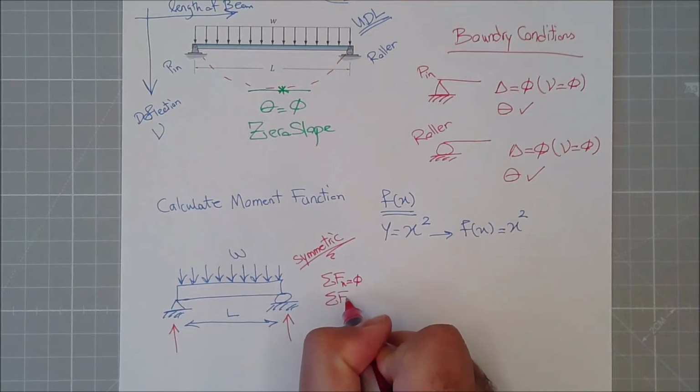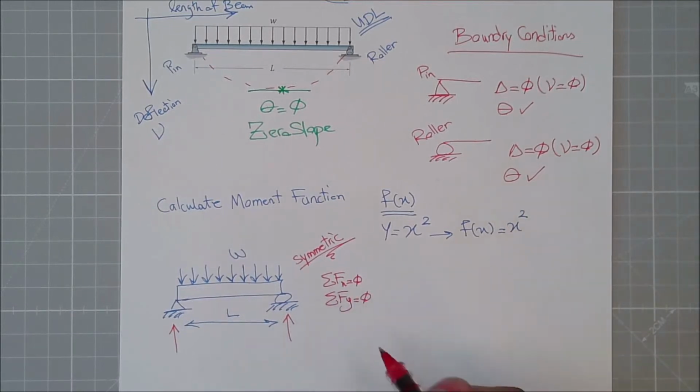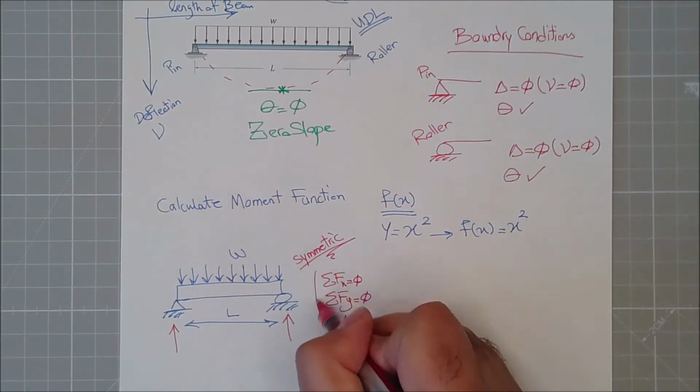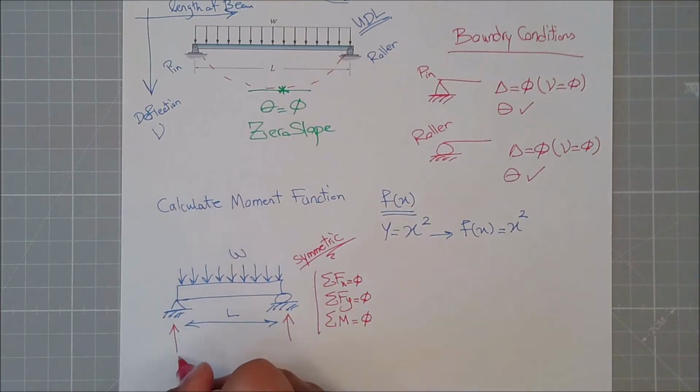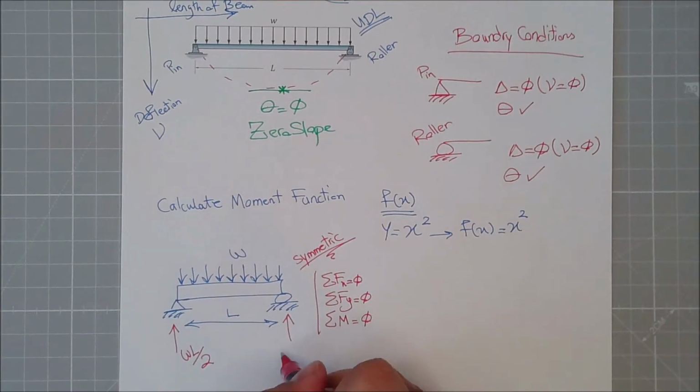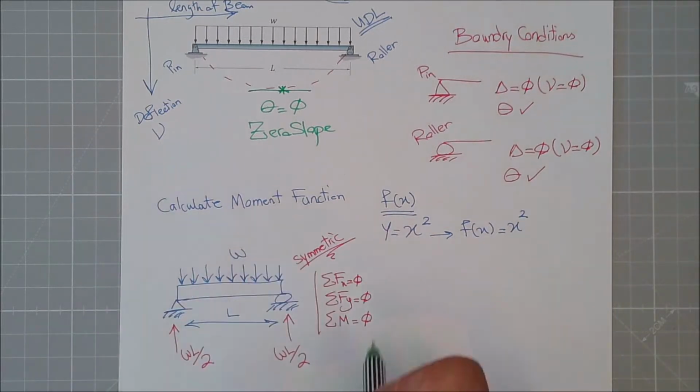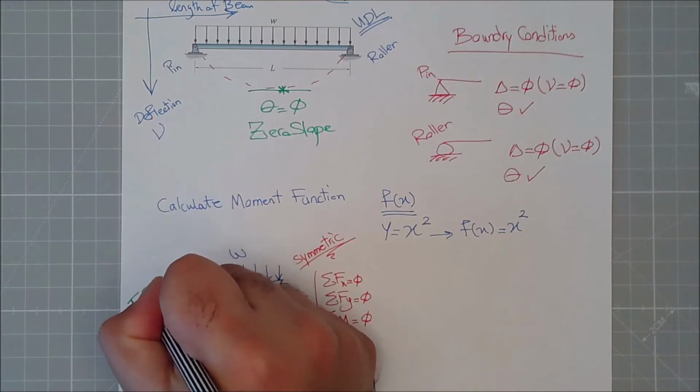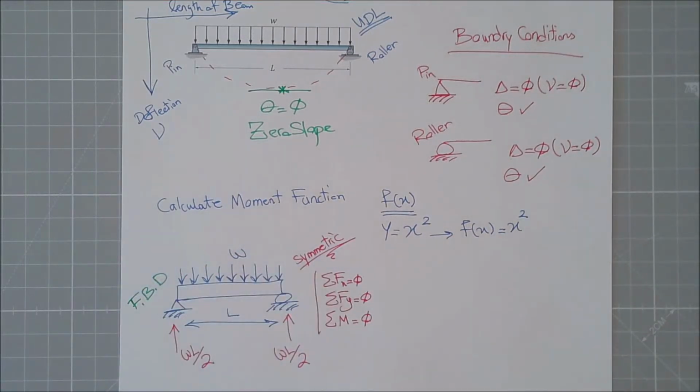Summation of all forces in x equals 0, summation of all forces in y equals 0, and summation of all moments will be equal to 0. Using these equilibrium equations, you can figure out that this is WL divided by 2, and this is WL divided by 2. This is the actual free body diagram of the entire beam.